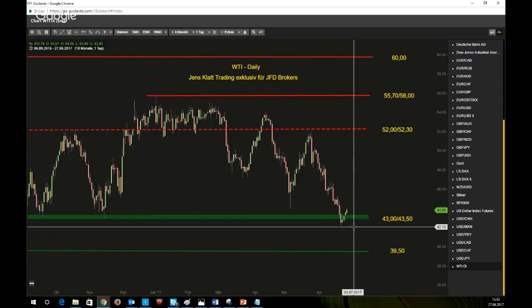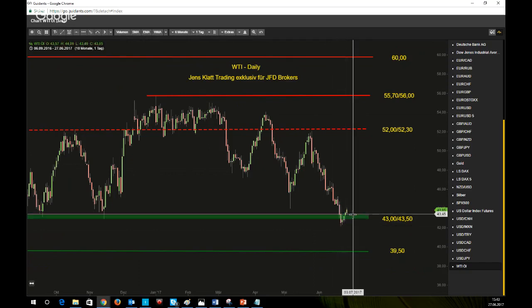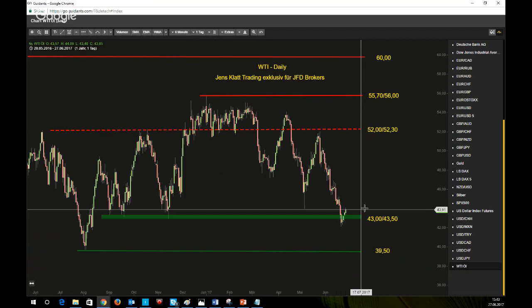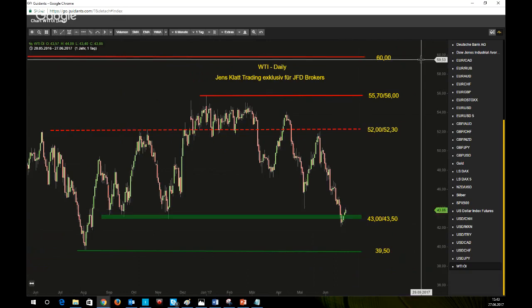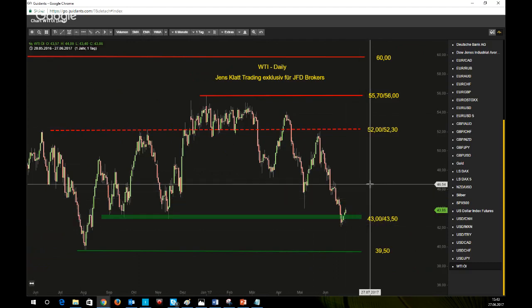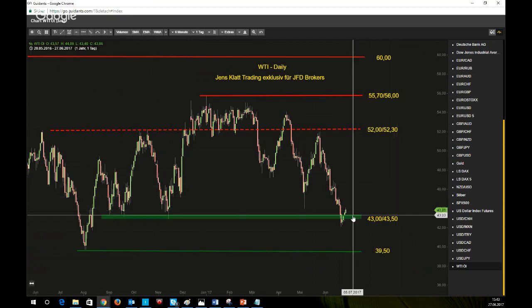So chances are that WTI has probably seen a bottom here. Even if it doesn't necessarily mean we shoot through the roof and see a huge spike in oil prices, we're probably going higher from here, pushing back towards 50, stabilizing, seeing bigger moves and bigger volatility, but all in all, seeing crude oil prices rising from here.